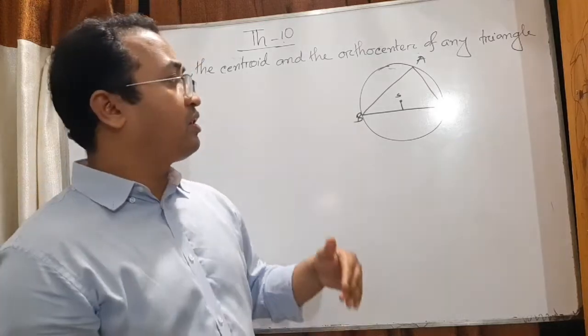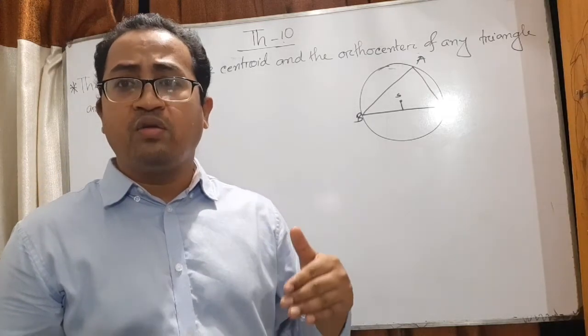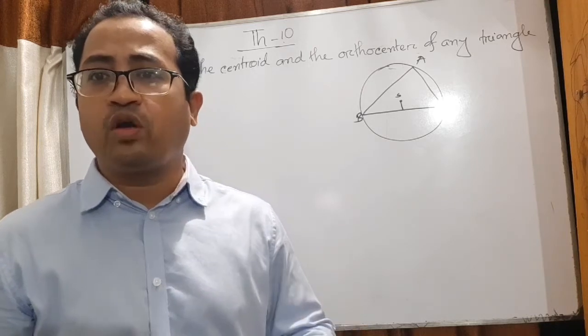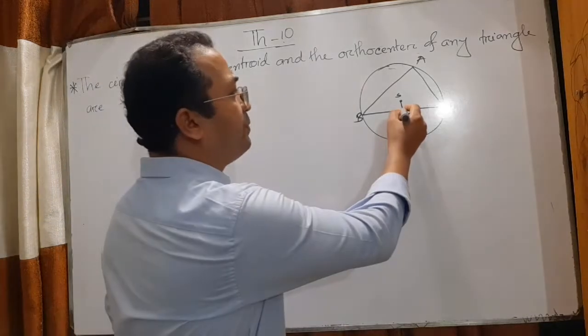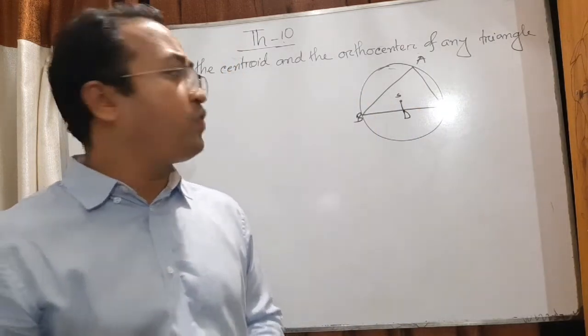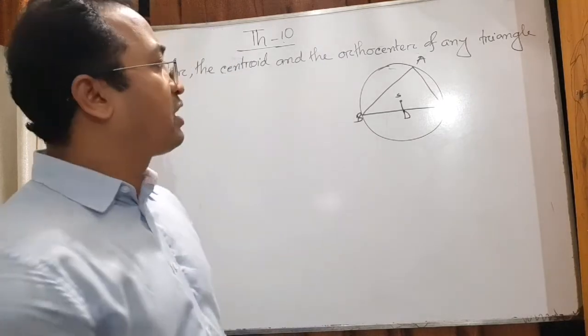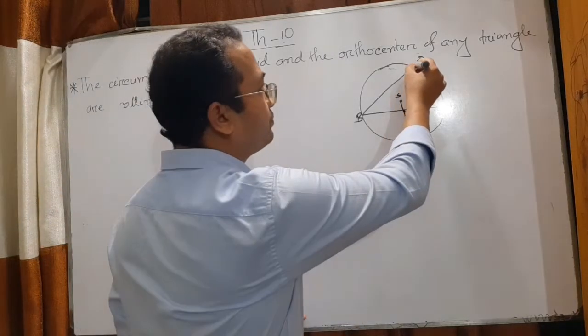Again I tell you, the perpendicular from the center to the chord must intersect at the midpoint of the chord. So this is the midpoint, this is D. D is the midpoint of the line BC. Clear? Okay, now join AD.